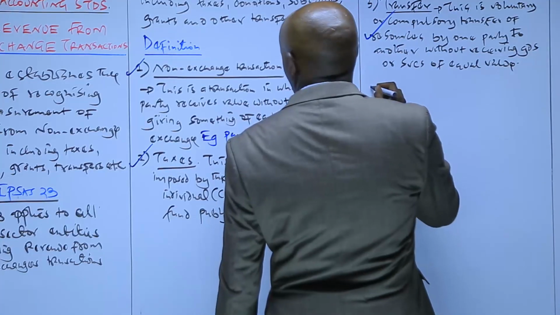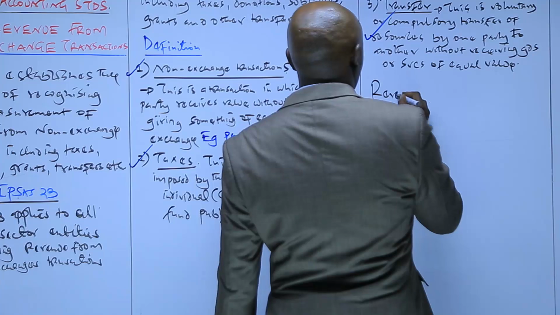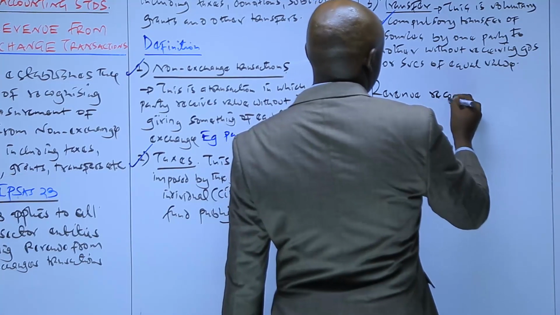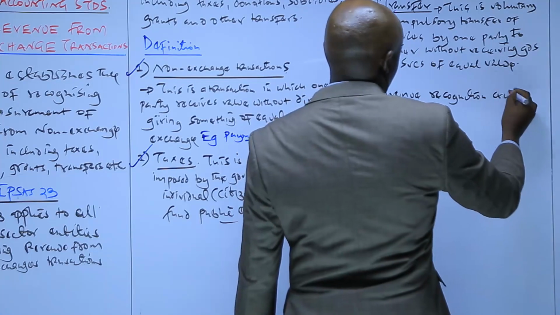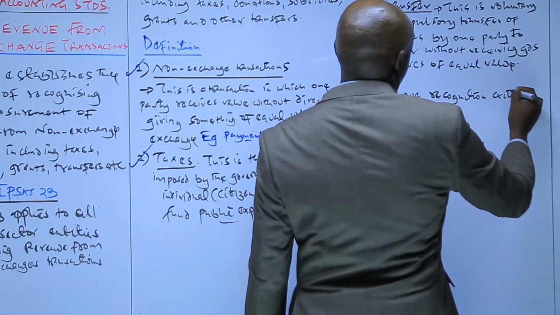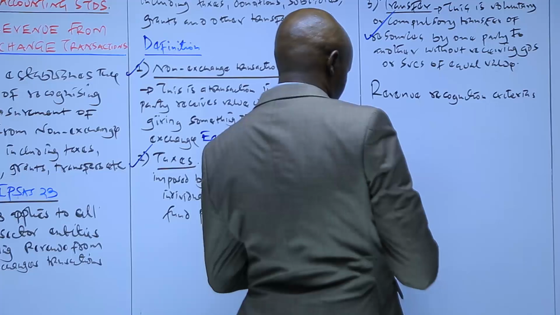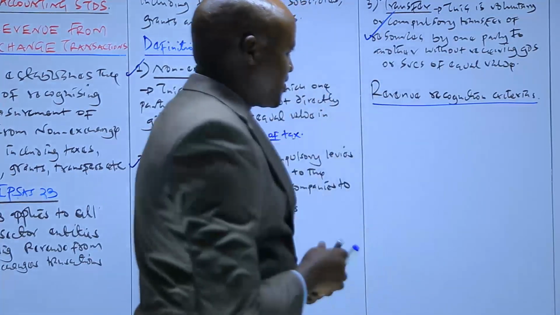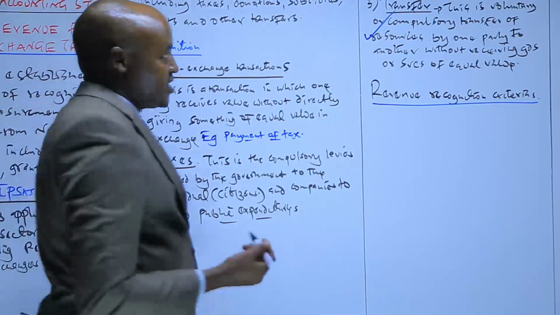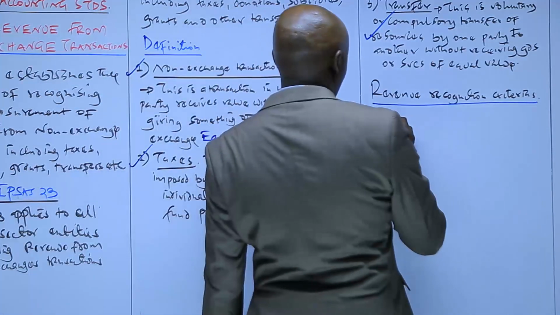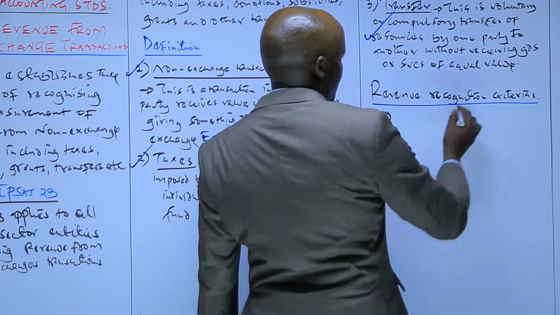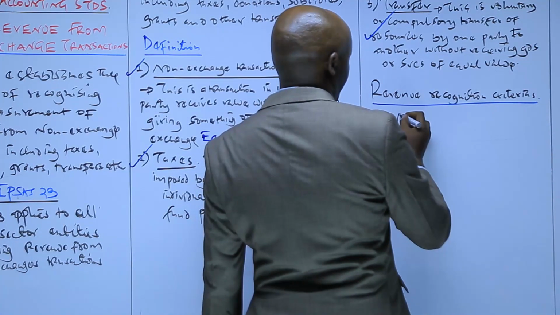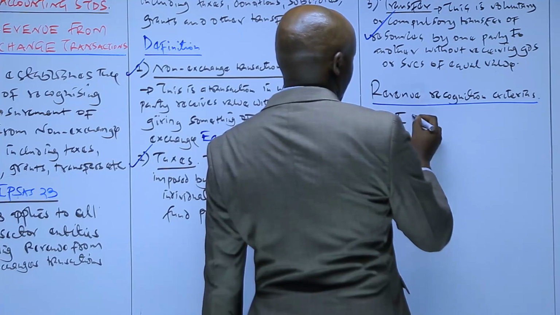Then from there we can look at the revenue recognition criteria. Basically these are those criteria which must be met for revenue from non-exchange transactions to be recognized. In this case, we have two criteria. Number one is that there must be inflow of resources.